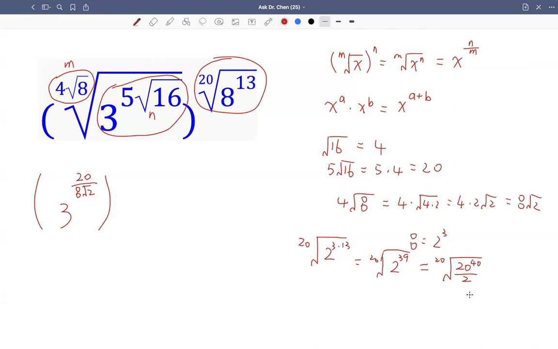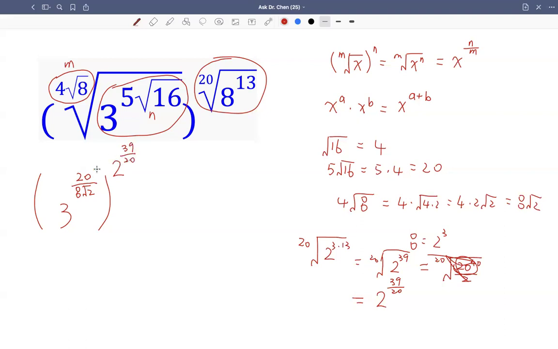I don't really have to do this. Well, let's not do this. Okay, let's just rewrite this as 2 raised by 39 over 20, right? 2 raised by 39 over 20. Let's do everything in rational exponent. So that means here I have the exponent become 2 raised by 39 over 20.